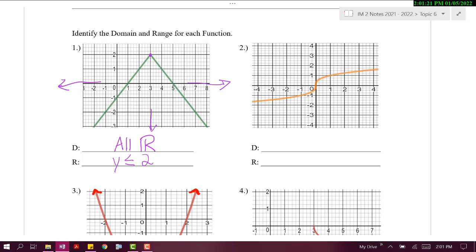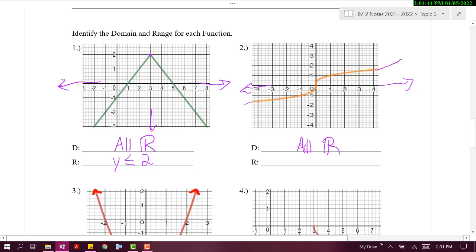Now looking at number 2, the domain, again, it's very clear to see that it keeps going to the left and it keeps going to the right. So all real numbers are our domain. Now on the y-axis, you can tell this is going up the whole time.